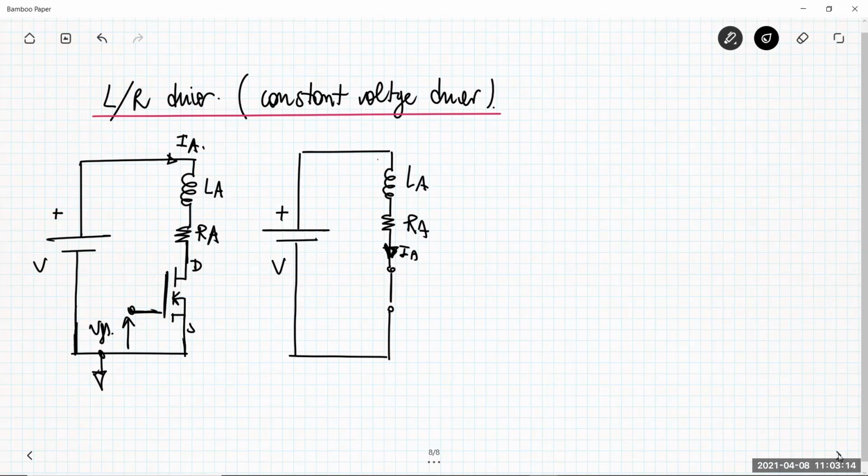So I can describe this behavior by a first order linear differential equation like this one.